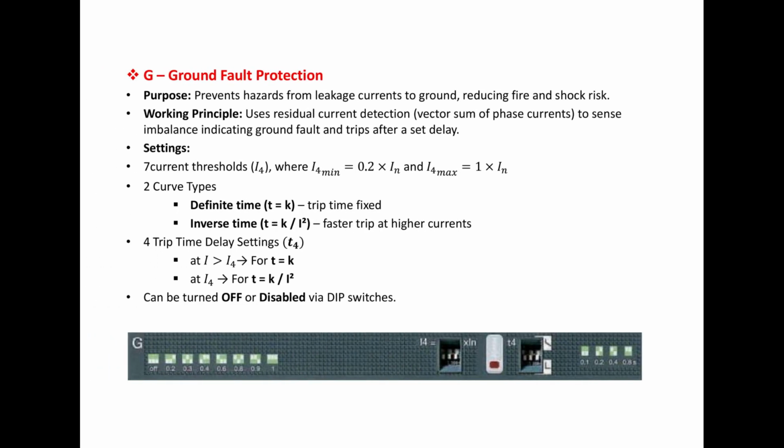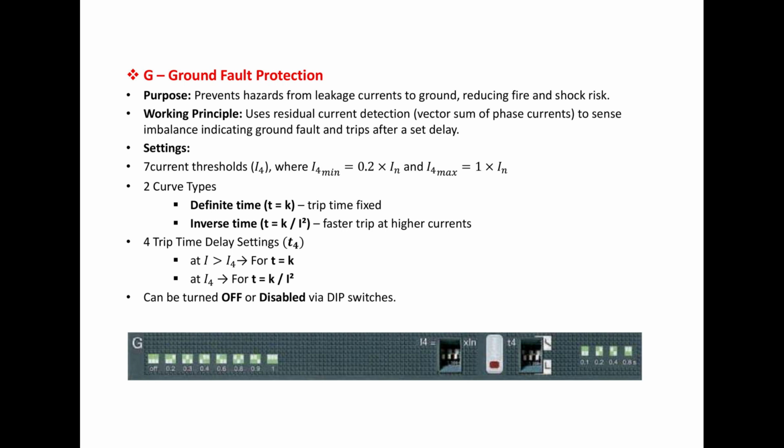Finally, we have the G, ground fault protection. The purpose of this function is to prevent hazards from leakage currents to the ground, which reduces fire and shock risks. It works by sensing an imbalance in the vector sum of the phase currents to indicate a ground fault and trips after a set delay.